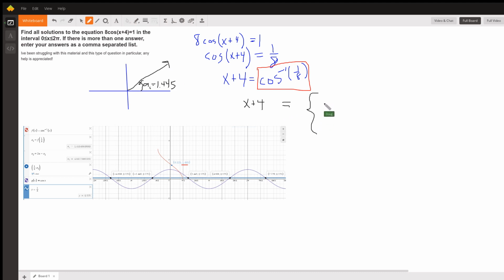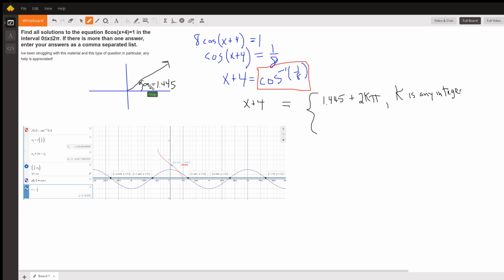One of the angles is this 1.445, which I've rounded off, plus 2k pi, where k is any integer. So if I put 0 in for k, I get this angle a sub 1. If I put 1 in for k, I go around one more time and I get the 7.729 added to the 1.445.